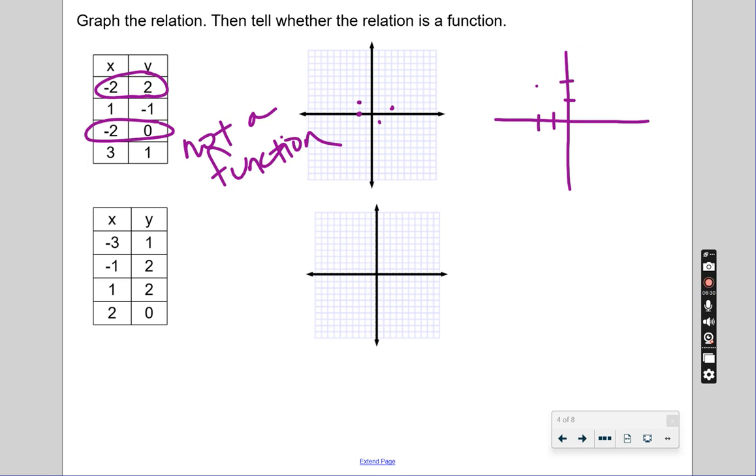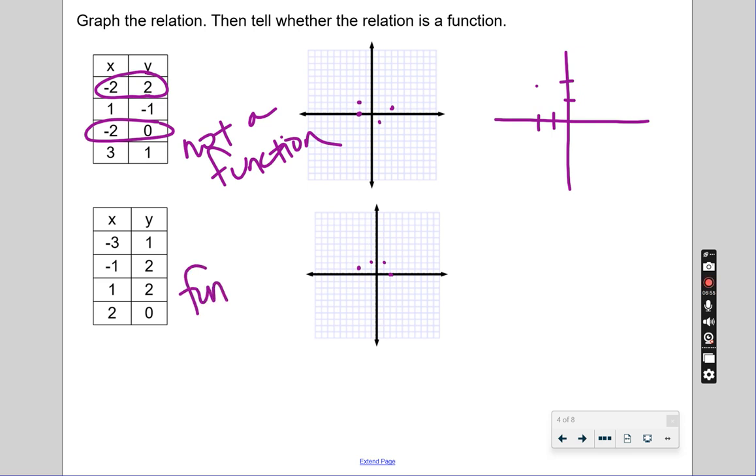All right, let's do this one. -3, 1. Hopefully I graphed these correctly this time. -1, 2. 1, 2. And 2, 0. There we go. Is this one a function? Yes.